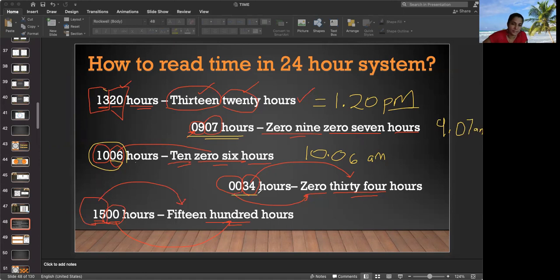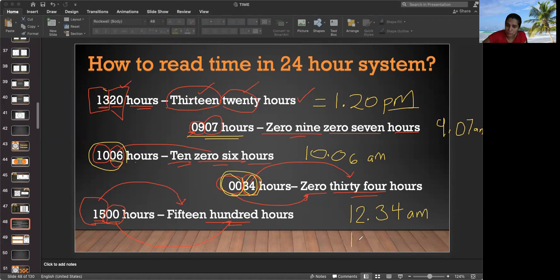Then over here, 0034. 00 means it's 12, midnight. It's somewhere at midnight. So that's 00, so 12, and then 34 shows the minutes. Now, is this going to be AM or PM? If it's 00, it is midnight, so it's AM.